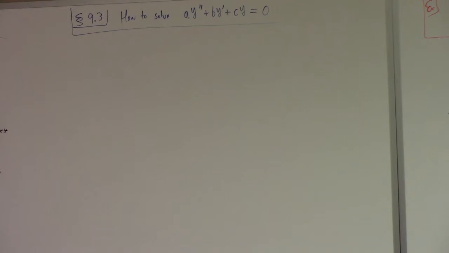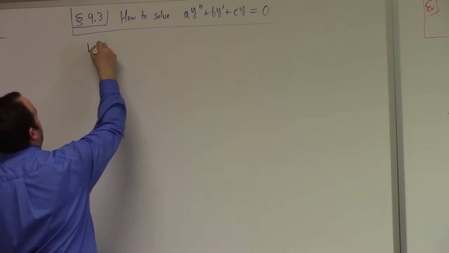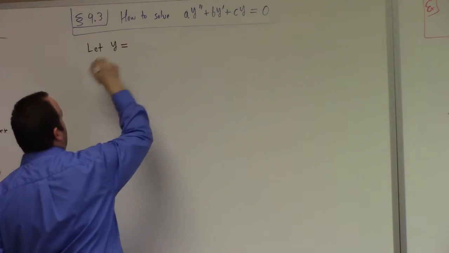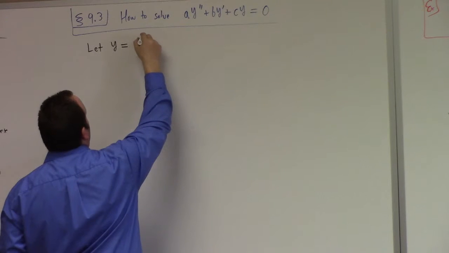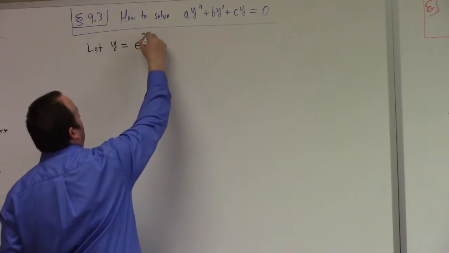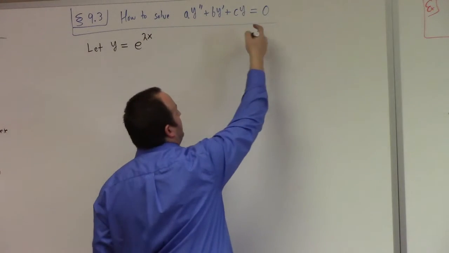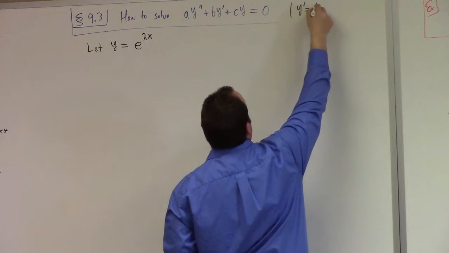So here's what you do. Let y equal e to the lambda. We'll make it y prime here. This is in slightly ambiguous notation, so let me just tell you y prime is a notation for dy dx.